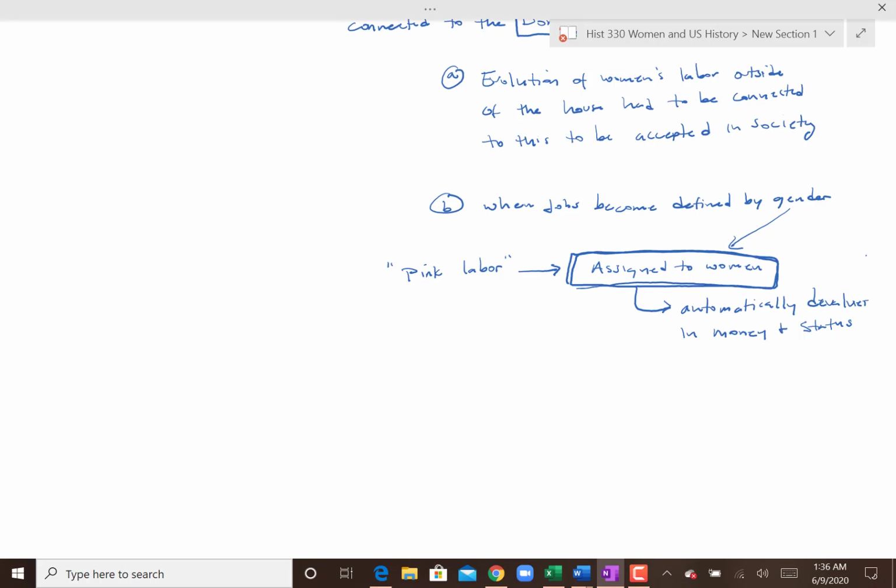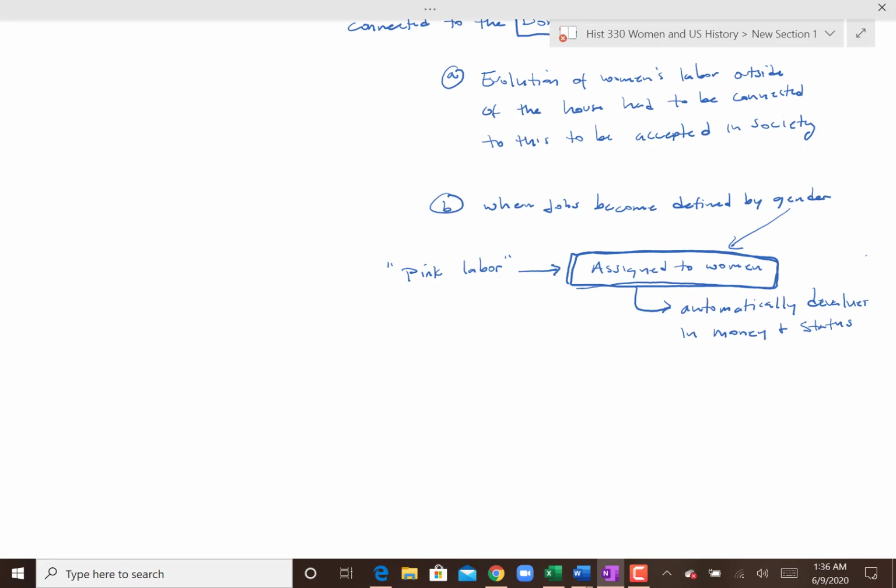Pink labor then is that term that was defined by, again, academics essentially, later, was the idea that once women were able to get a job classified as acceptable for them, like nursing, it became a pink job in that it now was exclusively for women, because it automatically devalued in money, in the amount of money that you could make for it, as well as status. And so men stopped working in those jobs.